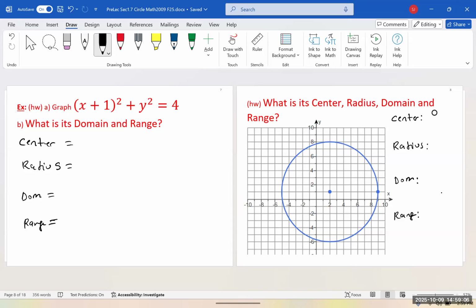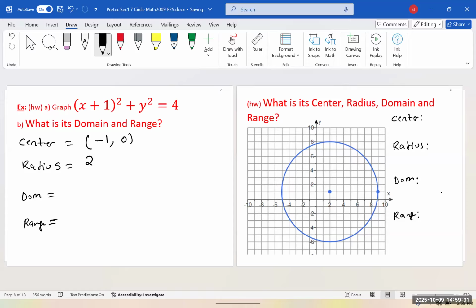What's the center of the left side? Say it louder, I can't hear you. -1, 0. Good, you got it. 2. How about the radius? 2. Perfect. Did you figure out the domain?